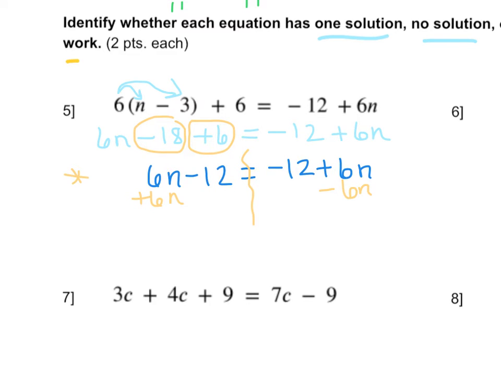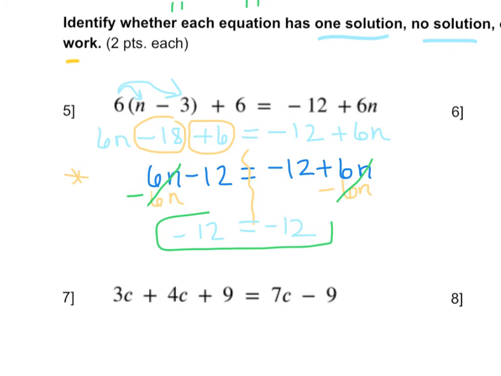Now this is interesting because 6n minus 6n cancels out, becomes nothing, and then the same thing is true over here. 6n, oops, I made a sign mistake here. Okay, 6n minus 6n, that also cancels out. All right, so now we are left with -12 equals -12.